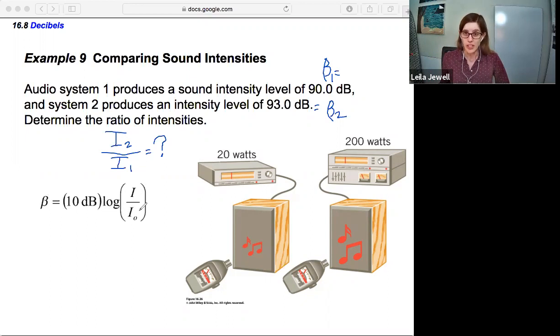So first I want to get the logarithm by itself. I'm going to divide both sides by the 10 decibels. We can do that to the left and to the right. On the left it cancels out. And so then we have beta divided by 10 decibels is equal to the logarithm of the intensity relative to the threshold of hearing.